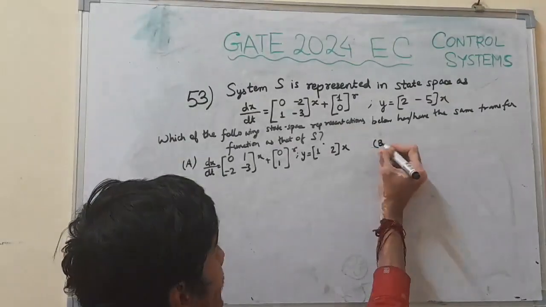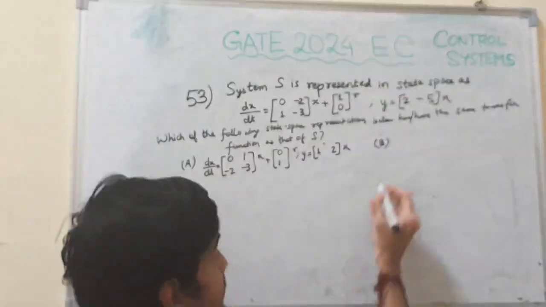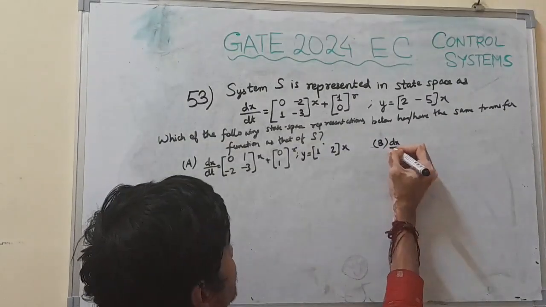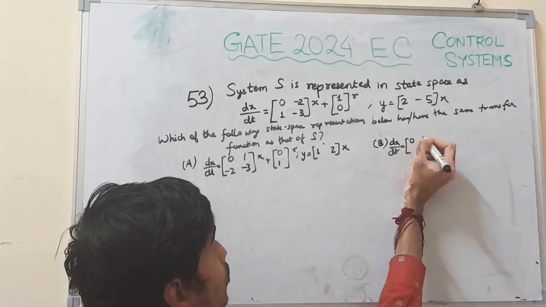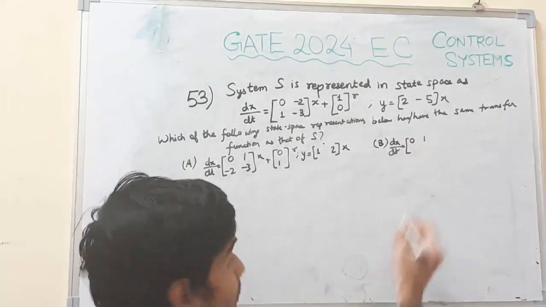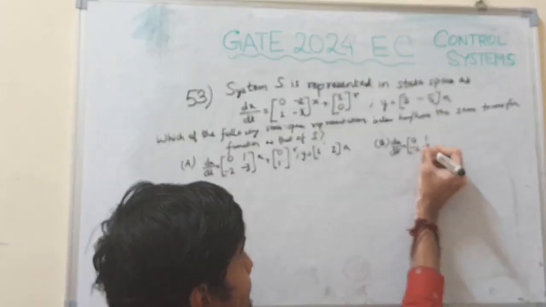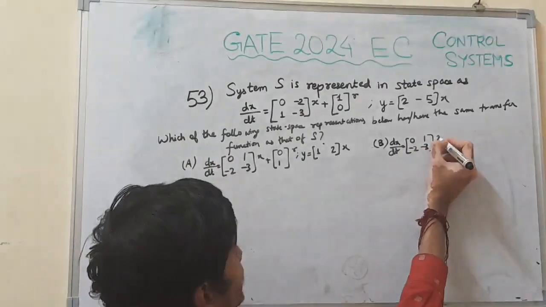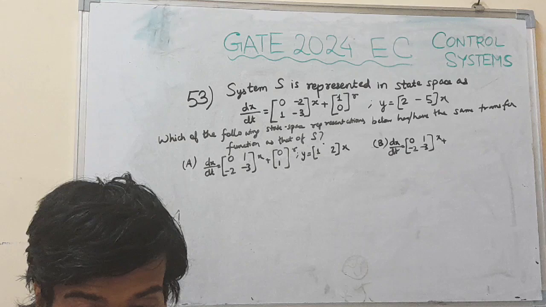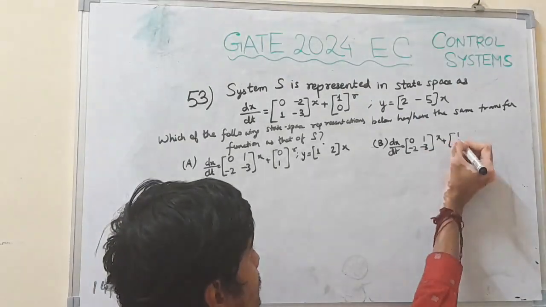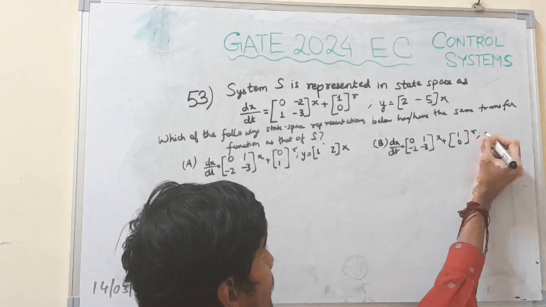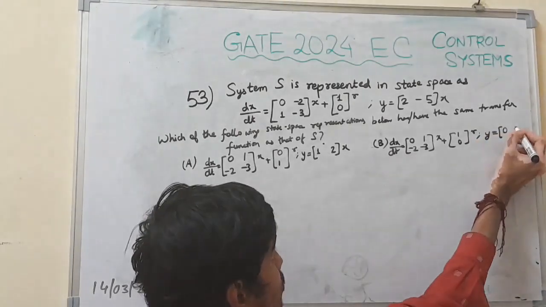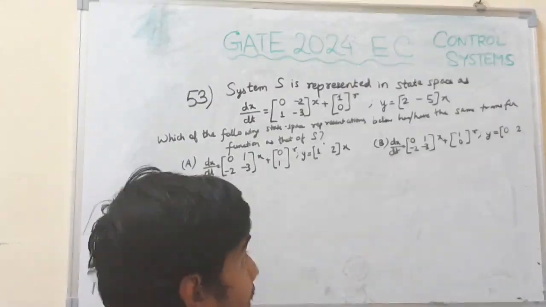Option B, dx(t)/dt is given as [0 1; -2 -3] x plus [1 0]ᵀ r, and y is given as [0 2] x.